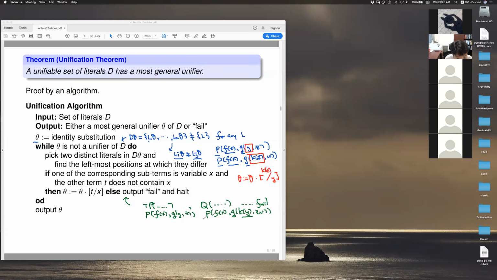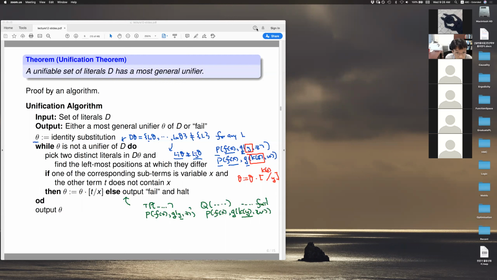This is the leftmost place where these two things are different. One case has a variable y, the other case is a k of y where y appears. So that's another case where the unification detects a failure, stops, and says the given set of literals is not unifiable.